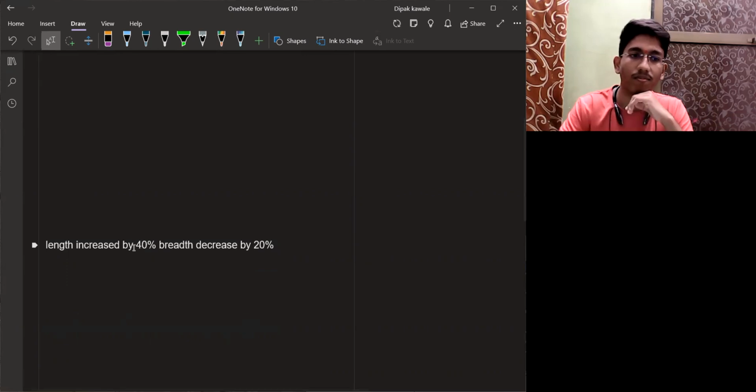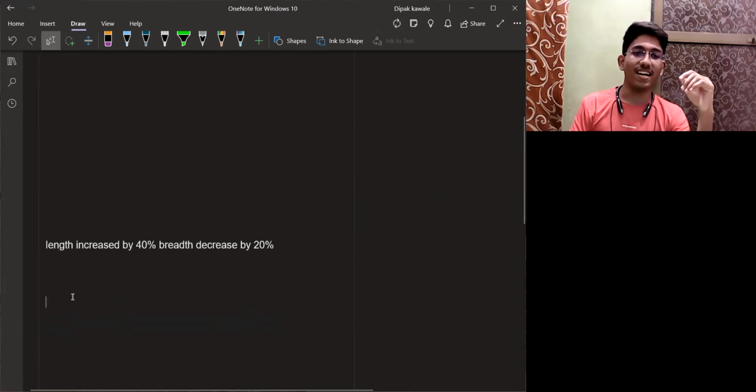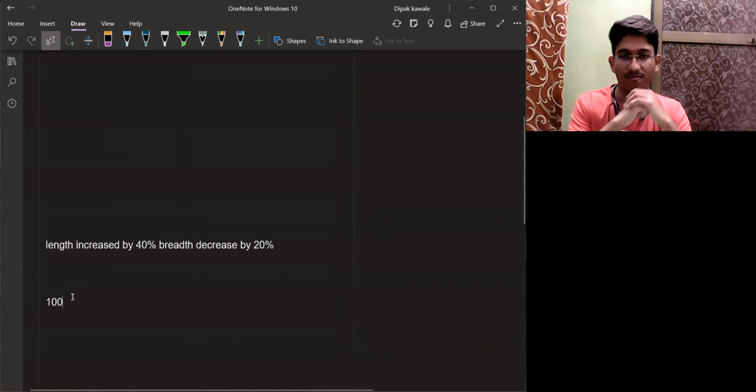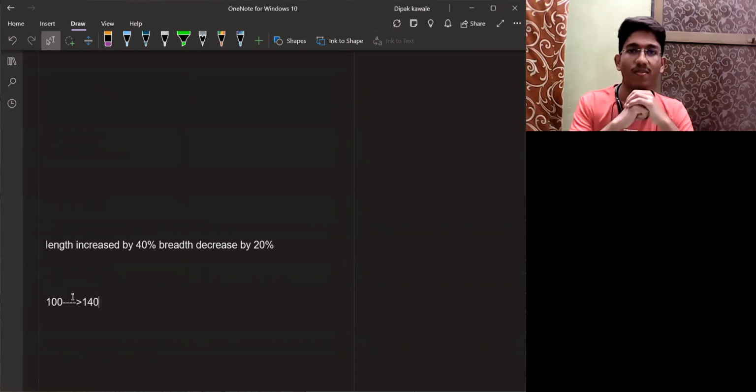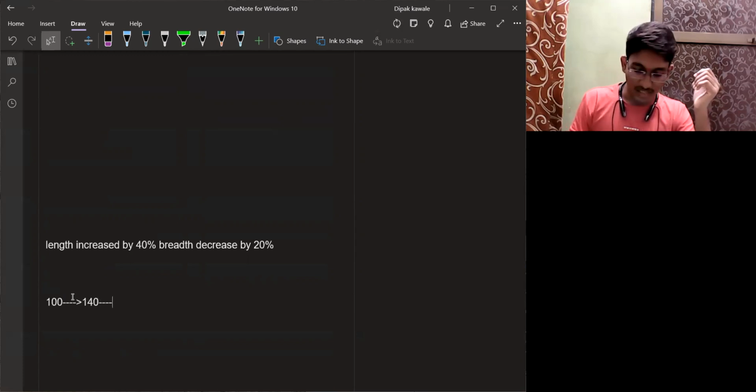I will wait. Length increased by 40%, breadth decreased by 20%. Yes, you're right. We are assuming that our area is 100. It is increasing, so it will be 140. 40% increase means 140. And again it is decreasing by 20%.